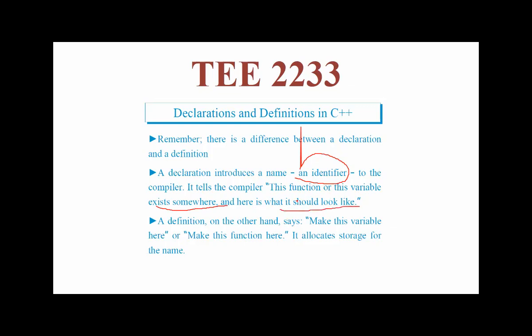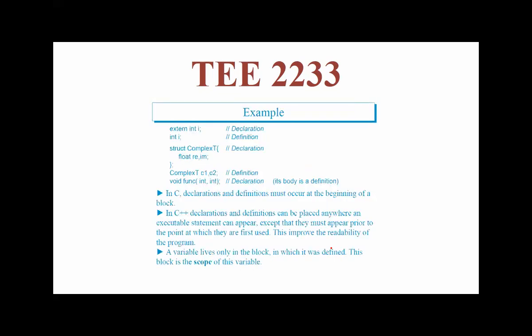It's like introducing a template of your function or a template of your variable. When you use a definition, you are now making the variable or function come into existence. That means in a definition, memory or space is allocated to your variable. When you say this is the variable M, it is allocated memory space.